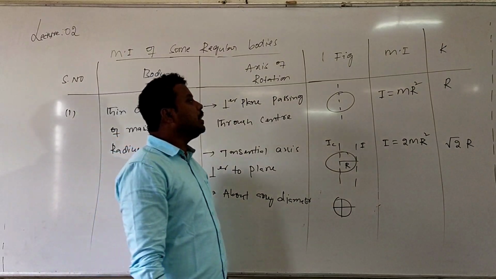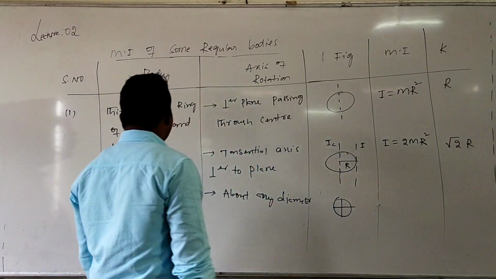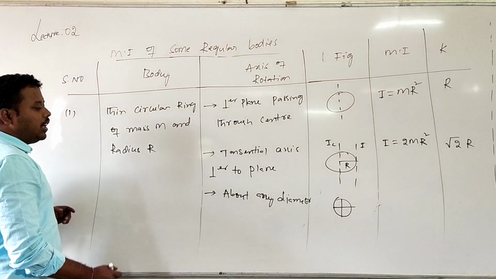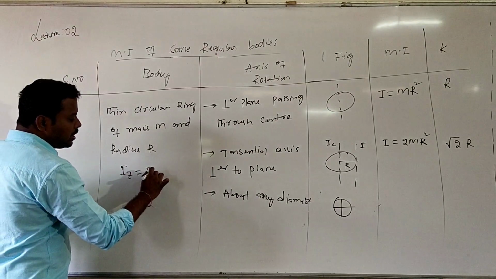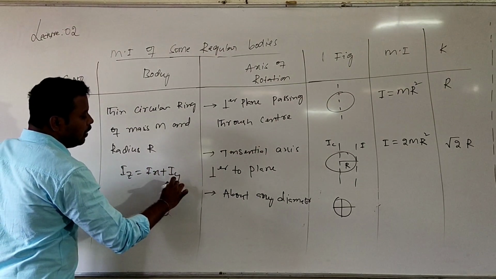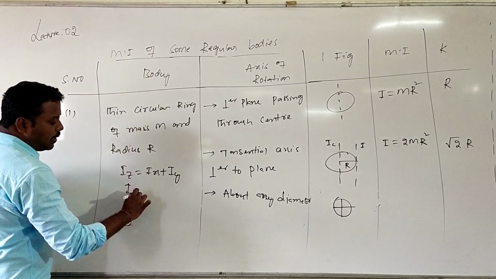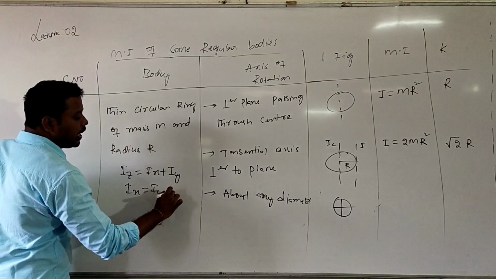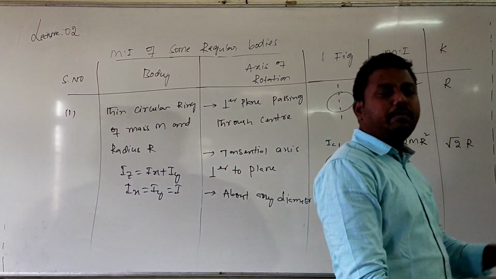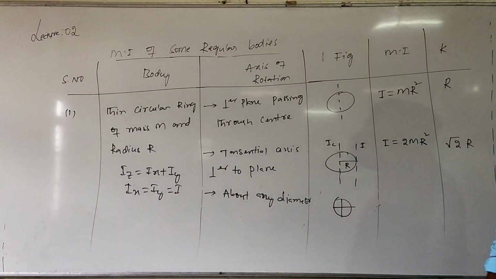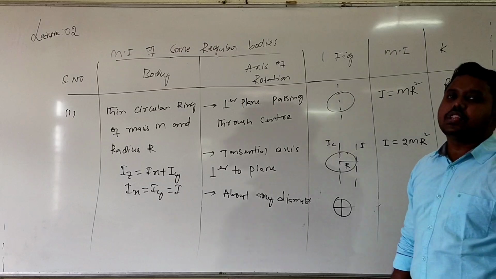Again, which theorem can I apply? The perpendicular axis theorem. According to it, Iz is equal to Ix plus Iy. Here Ix is equal to Iy. Whenever the body is symmetrical, the moment of inertia about the x-axis and y-axis are both the same.